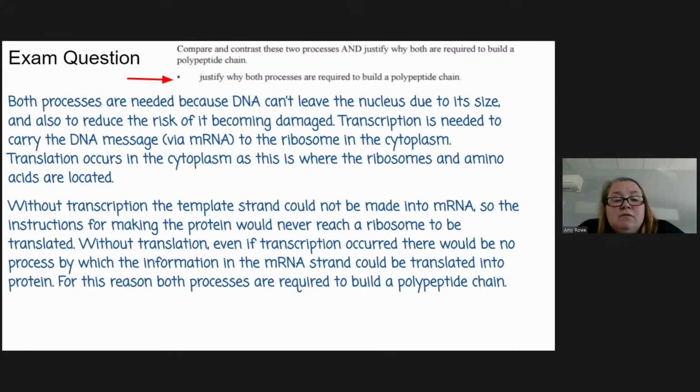Without transcription, the template strand couldn't be made into mRNA, so the instructions for making the protein would never reach the ribosome. Without translation, even if transcription occurred, there would be no process to form a protein. There'd be no way in which the information in the mRNA could be translated into protein. And for this reason, both processes are vital to build a polypeptide chain.